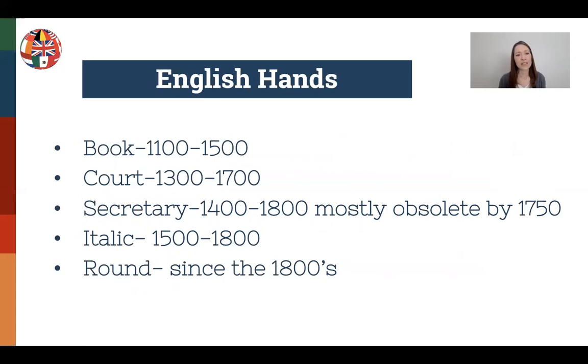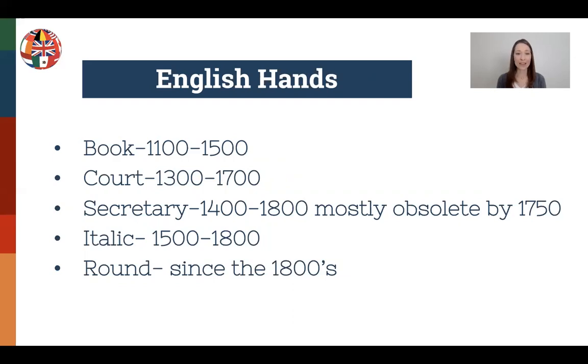All right, this is a timeline, just a basic timeline. Of course, these are not definitive times. They, like I said, overlapped and extended into one another. But these are kind of general guidelines for when these different styles of handwriting were around. So we have the book hand, which is from 1100 to 1500.